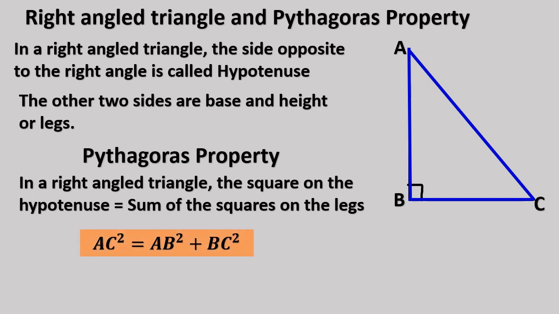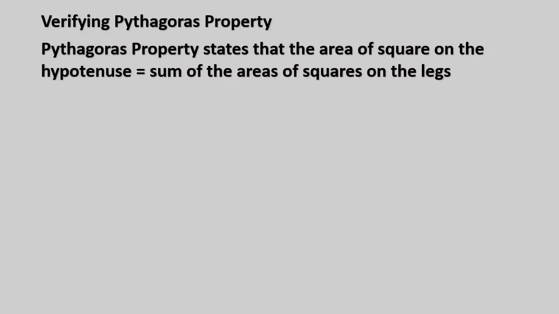Now let us verify this property. How? The Pythagoras property states that the area of the square on the hypotenuse is equal to the sum of the areas of the squares on the legs. So let us see. In a right angle triangle, let us draw squares on all three sides.